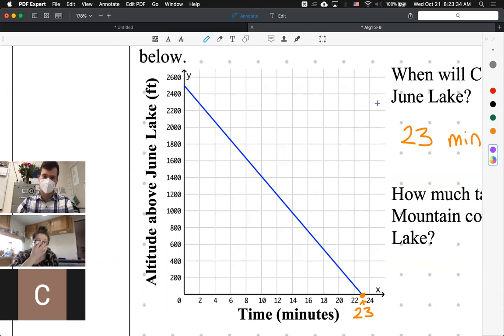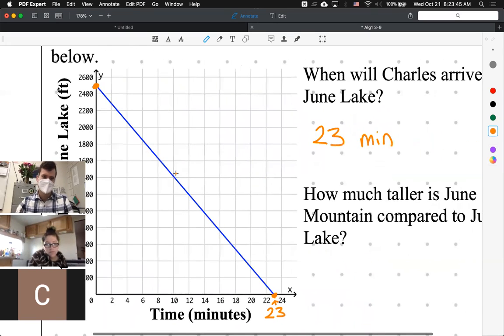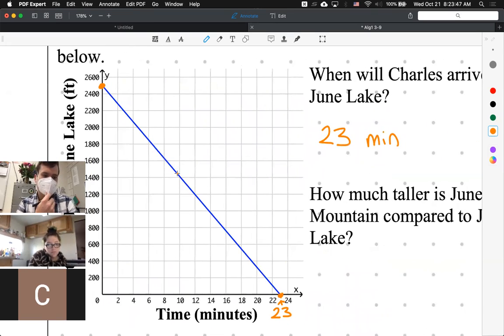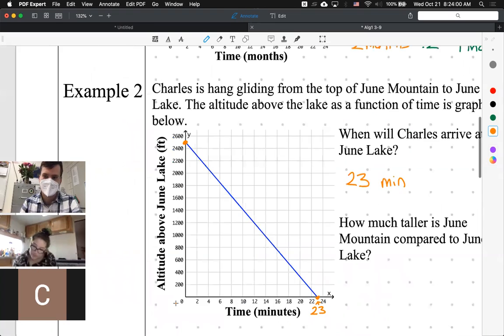The top of the, oh yeah, so like this thing right here. Okay, I would agree. In between 2400 and 2600, that's 2500. So you're correct. Can you explain why that's the answer? Because that's where the graph ends at the top. Okay, you're probably going to have to use words from the original problem.